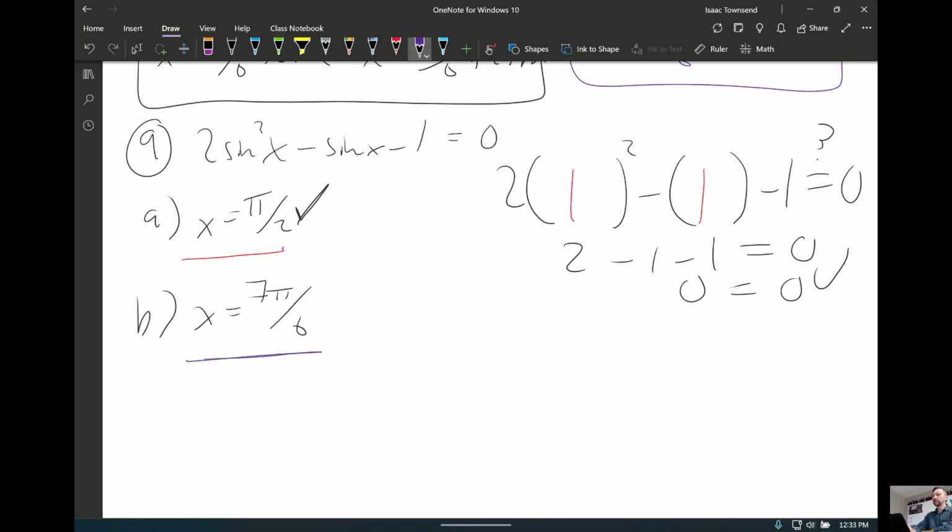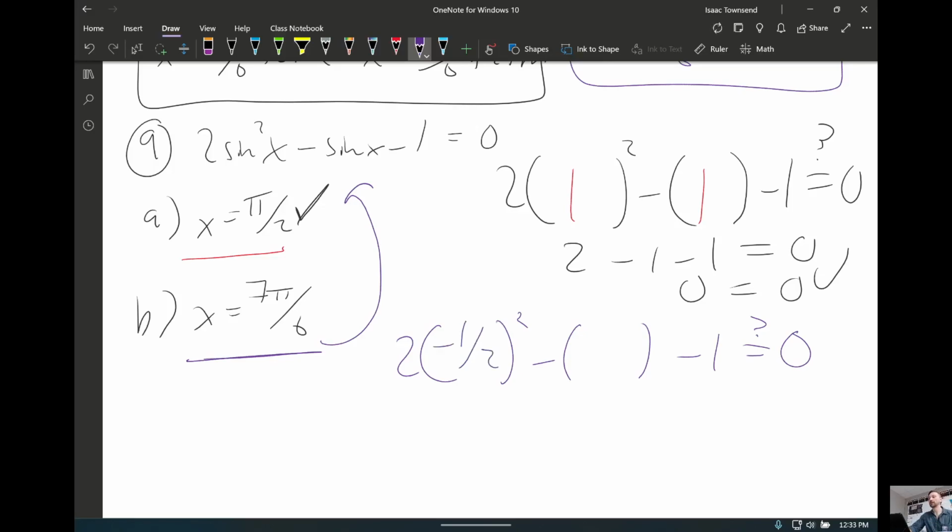Do the same thing with 7 pi over 6. I plug it in everywhere there was an x, to see if that satisfies the original equation. And what is the sine of 7 pi over 6? It is negative 1/2.